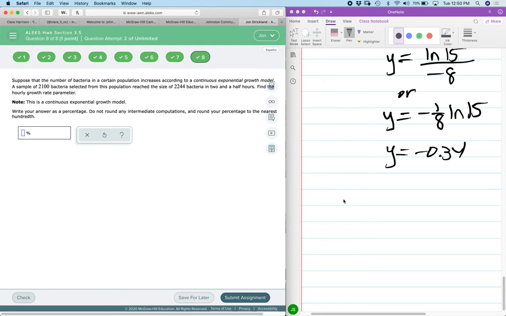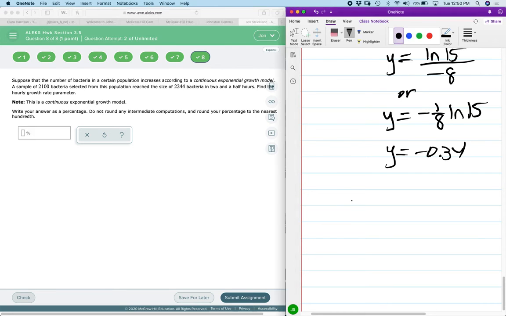We have an exponential growth model. Like compound interest, you have the future value equal to the present value times e to the r times t. In this sample, we have 2,244 for the future value and 2,100 for the present value, and we have e to the r times t.